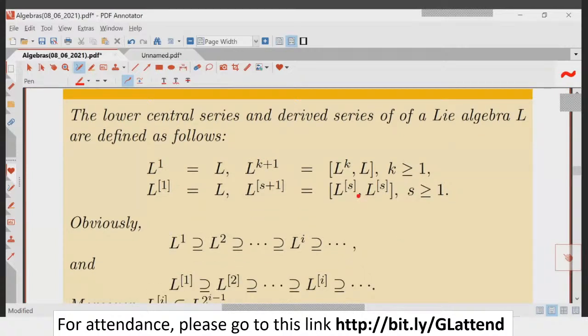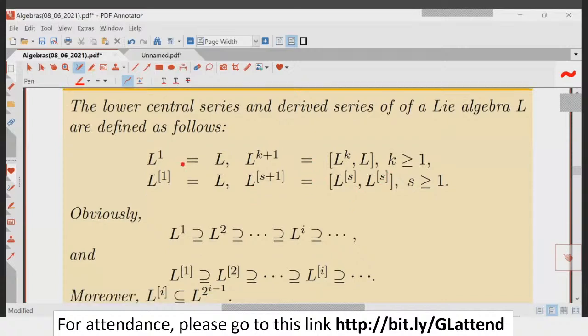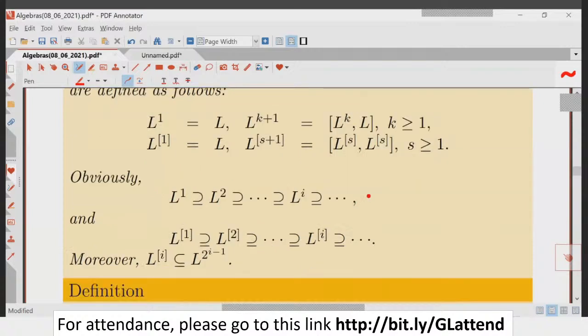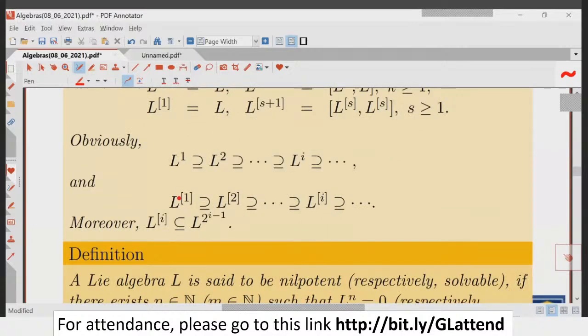In general, for the algebras case, we already have discussed it. Now this is called the derived series. This is the central series, this is the derived series. The first one is called the central series. The second one is called the derived series. We already discussed this, these inclusions and these inclusions.